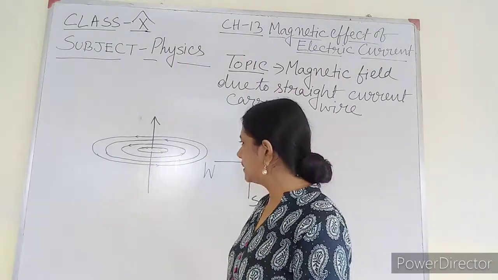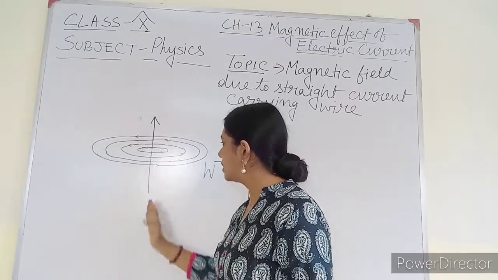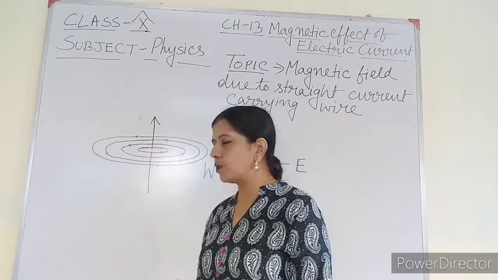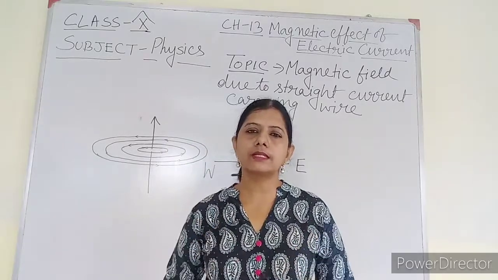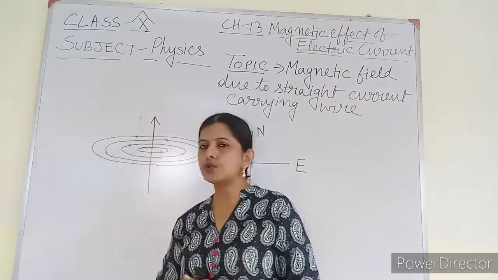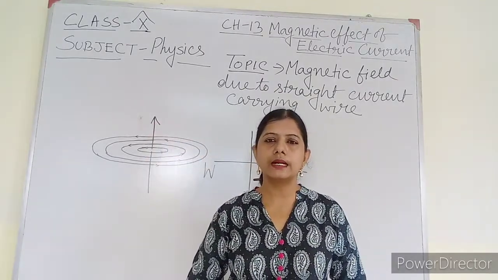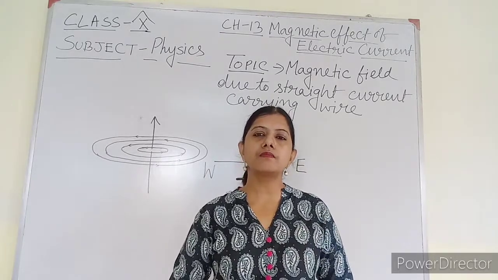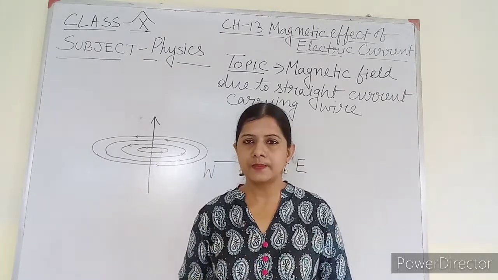I will find that if a particular amount of current is flowing, then at a particular point the deflection is always the same. If I increase the amount of current flowing through the wire, then the deflection of the magnetic compass needle will increase.